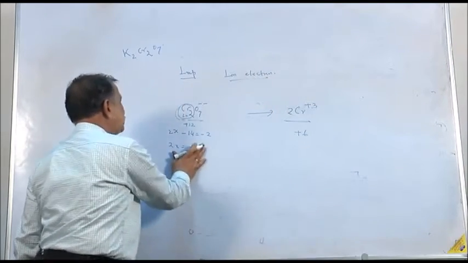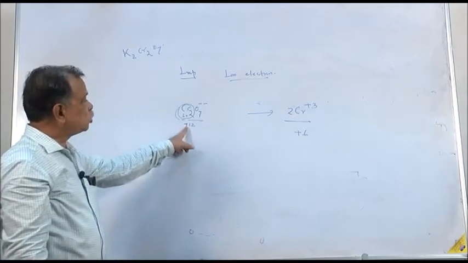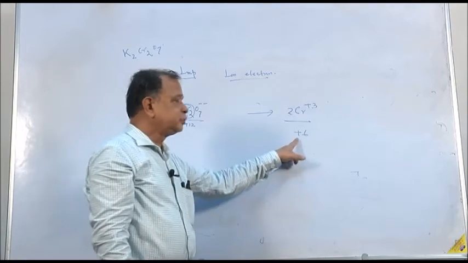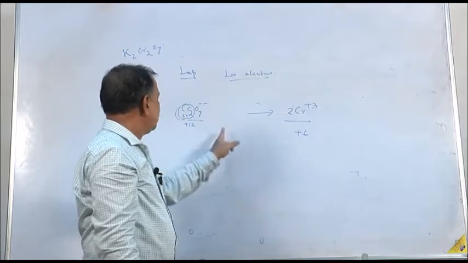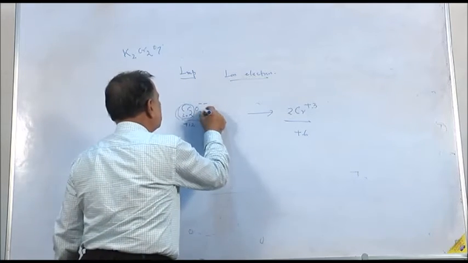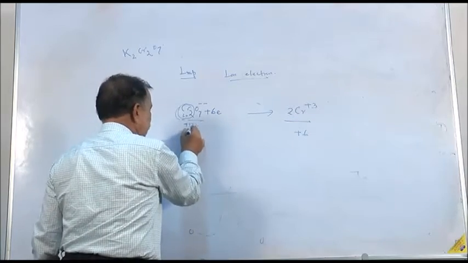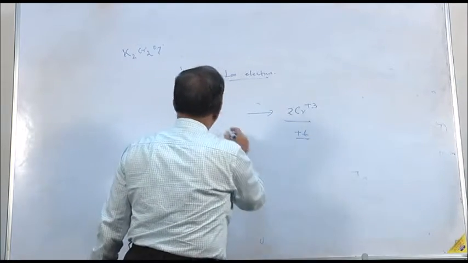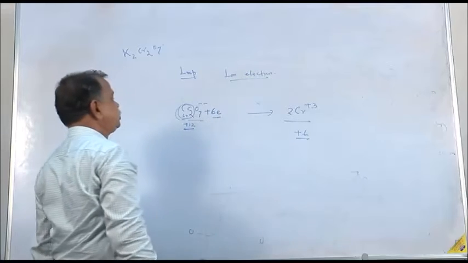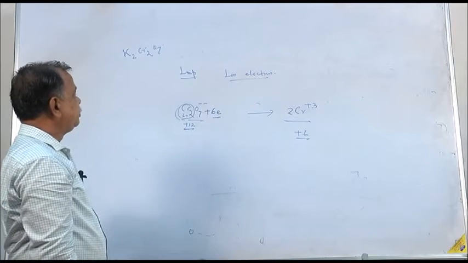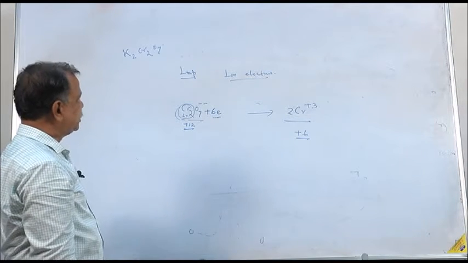So electrons are not balanced: here plus 12 and here plus 6. Since the electrons are not balanced, we have to add 6 electrons here, which is very important. So Cr2O7 2- plus 6e.